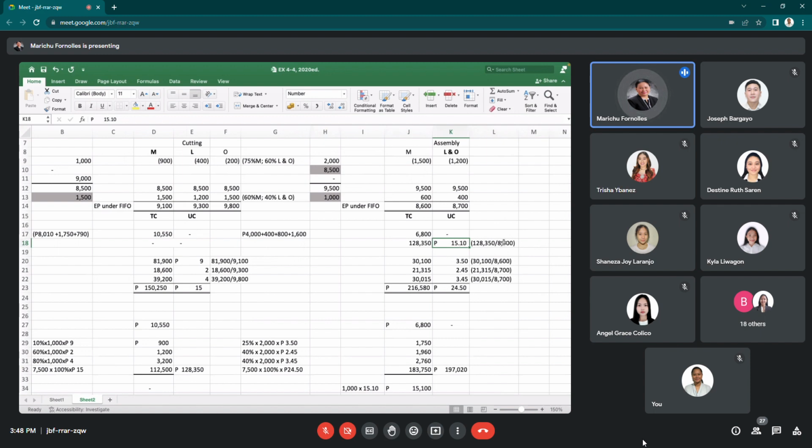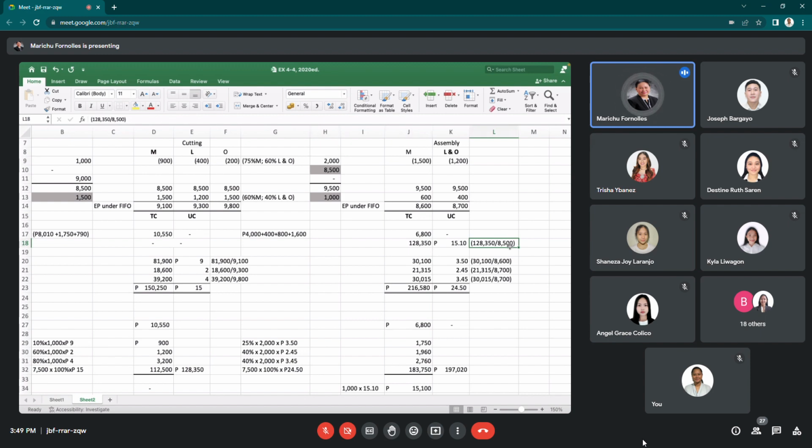If we were using weighted average, the formula to get the average unit cost from PD would be the CPD last month of 4,000 plus the CPD this month 128,350. The sum of those two will be divided by the IPB of 2,000 units and the RPD of 85. So our divisor to get the unit cost from PD under weighted average is 10,500.